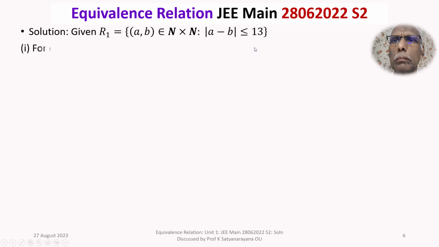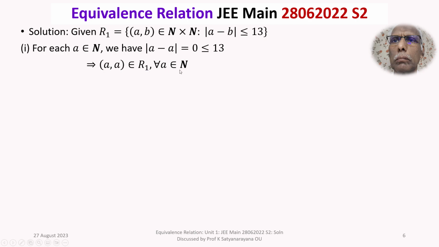First, let's go for the reflexive property. For each a belonging to N, we have mod of a minus a equal to 0, definitely less than or equal to 13, and this tells you (a, a) belongs to R1 for all a belonging to N. That means R1 is reflexive. Second property, symmetry.